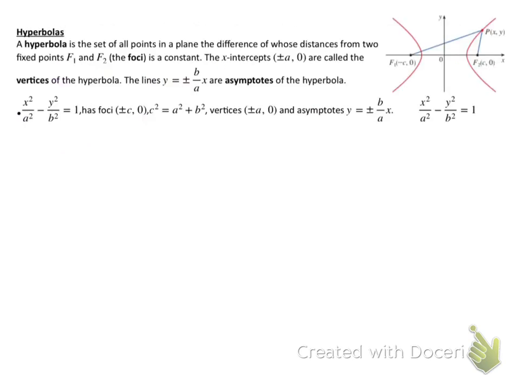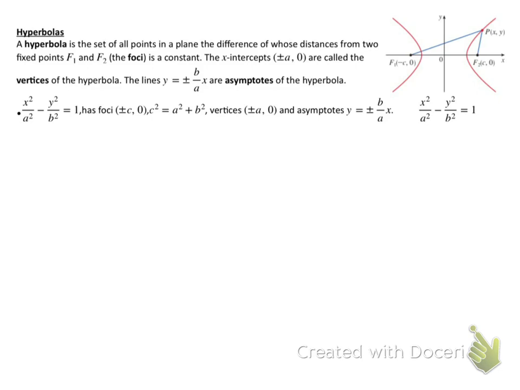Hyperbolas. Well, ellipses are the points that when you add the distances to the two foci, it's a constant. For hyperbolas, if you subtract the distance from all the points on the curve to the two foci, the difference is a fixed number.